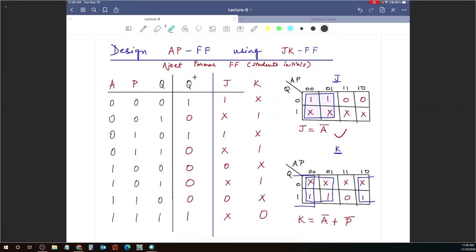So, just to note over here, in one of the exams, I had given the characteristic table of two arbitrarily chosen flip-flops, M N, X Y. And I designed one flip-flop using the other.